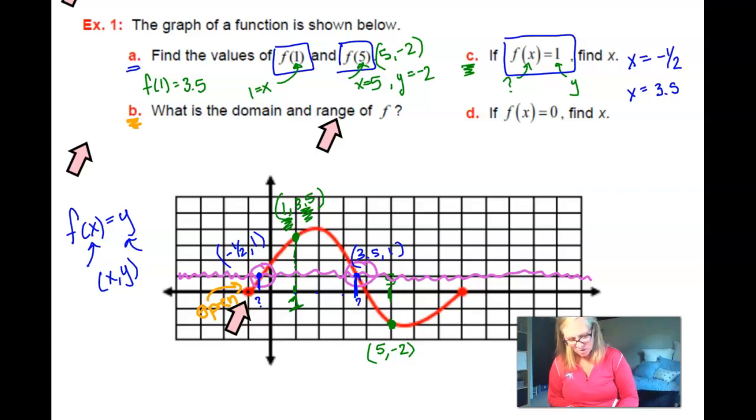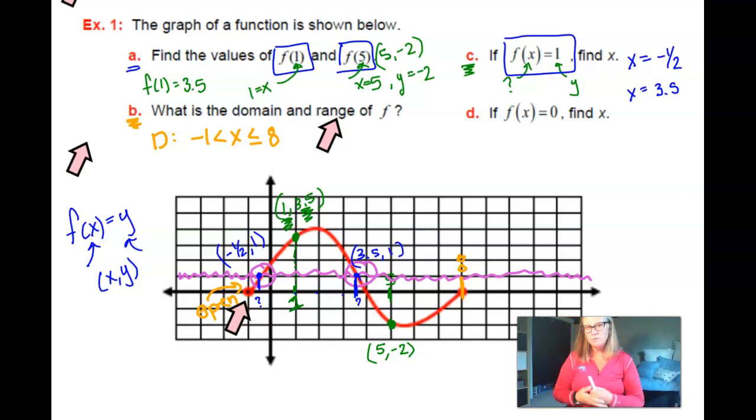That means our domain goes from negative 1 all the way up here to 8. If you count that out, that is 8. And it's all of the x values between there. So we can write that x is less than or equal to 8, and only greater than negative 1. And that would be what we would call our domain.